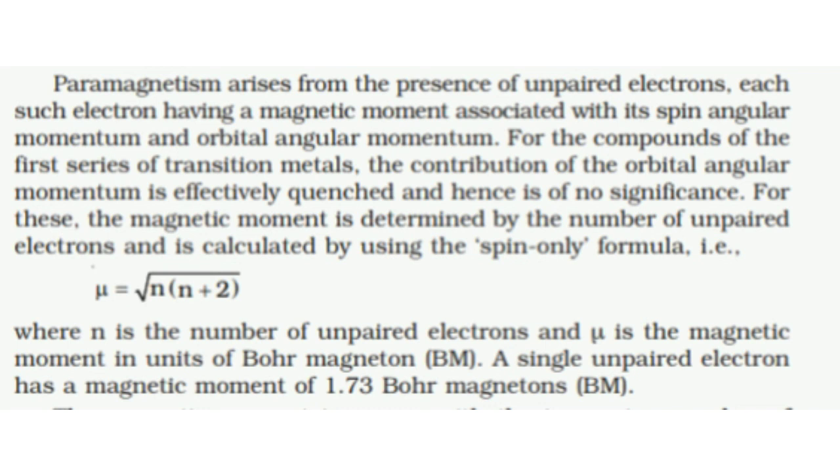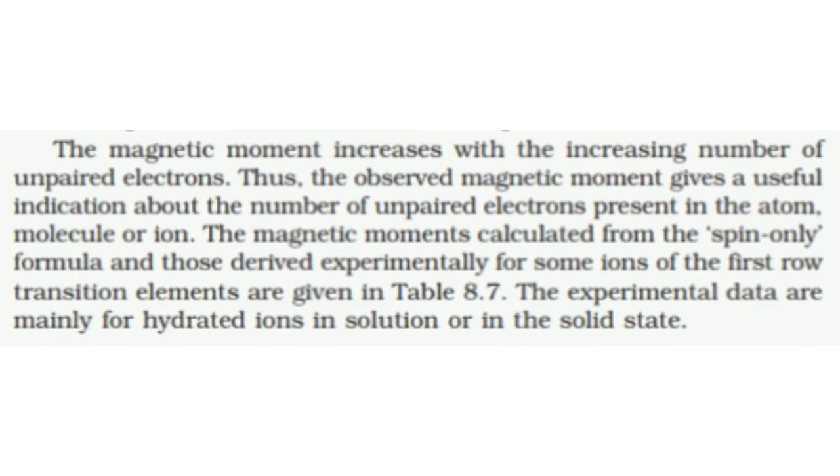A single unpaired electron has a magnetic moment of 1.73 Bohr magneton. The magnetic moment increases with increasing number of unpaired electrons. Thus, the observed magnetic moment gives a useful indication about the number of unpaired electrons present in the atom, molecule, or ion. The magnetic moments calculated from the spin-only formula, and those derived experimentally for some ions of the first row transition elements, are given in Table 8.7.